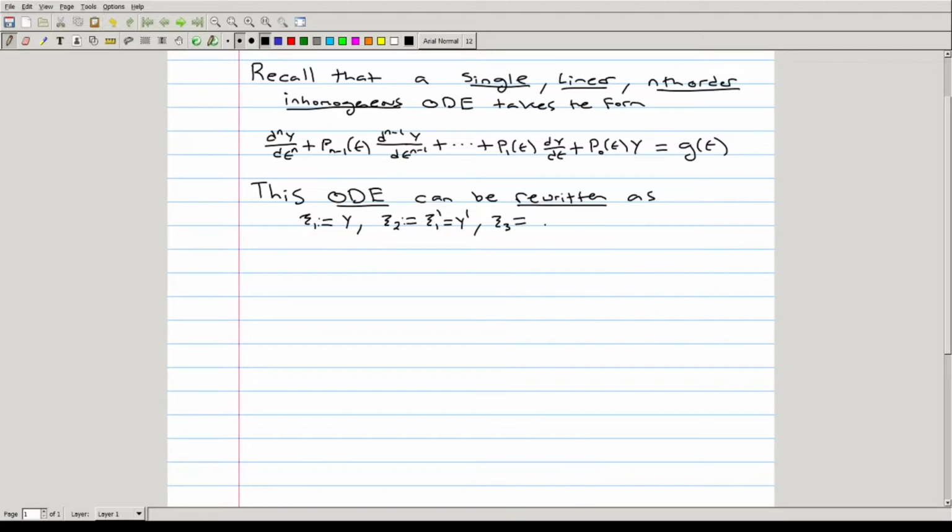Xi_3 will be defined as xi_2 prime, which in actuality is y double prime.